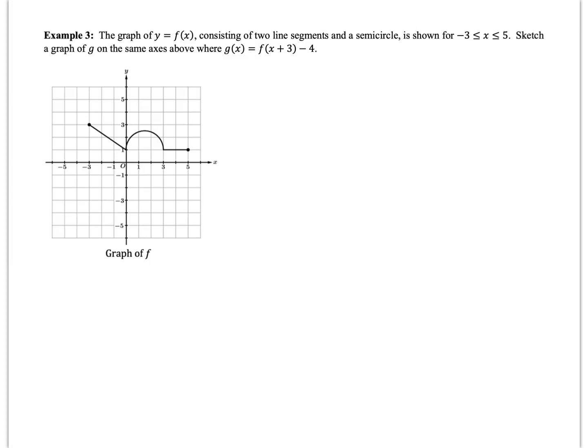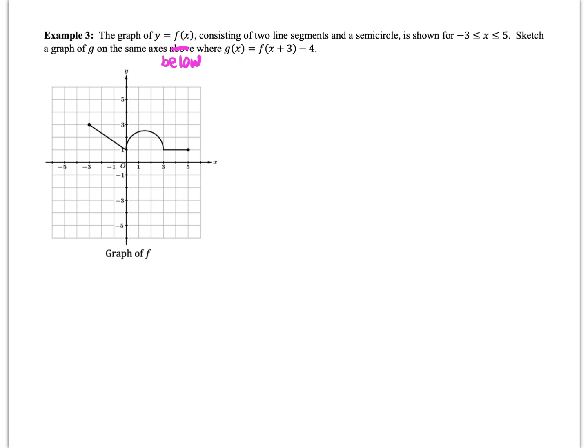So the domain of the function f is all x values between negative 3 and positive 3. And we want to sketch the graph of g on the same axes below, where g of x equals f of x plus 3 minus 4.